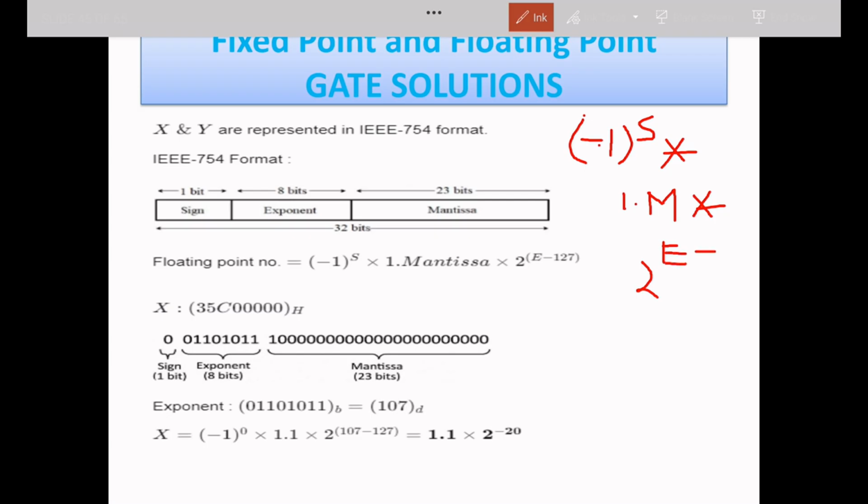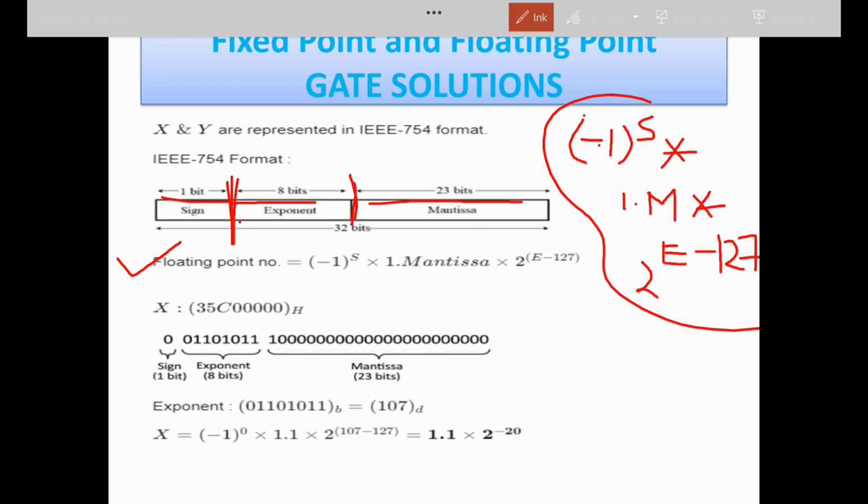What is bias? This is single precision. In single precision we take 127. Okay, this is the formula. The same formula I have written here. This is the floating point representation. Already we explained that in single precision floating point representation, the exponent is 8 bits, the mantissa is 23 bits, and 1 bit for the sign. Done? So now this x we have written in hexadecimal form.